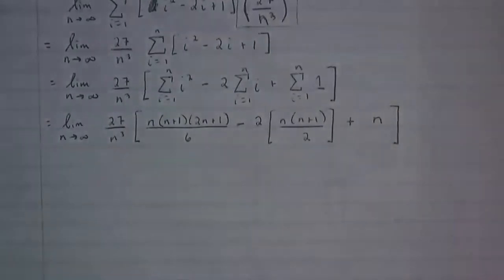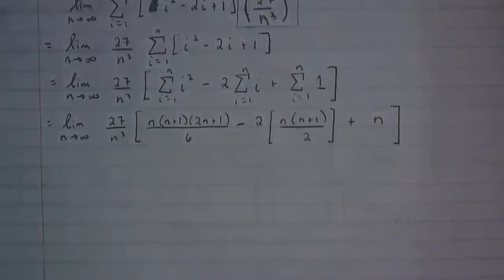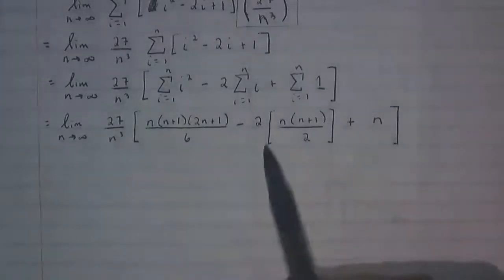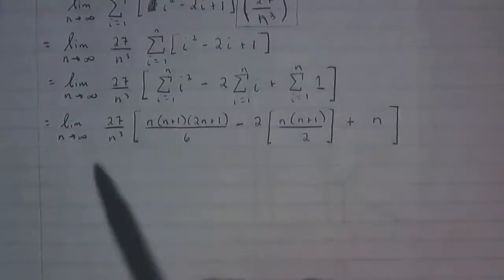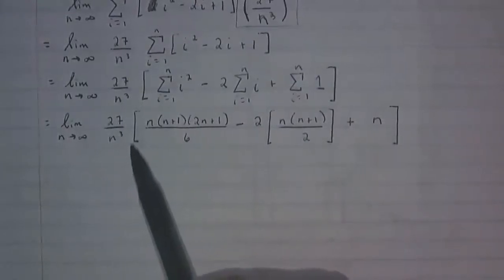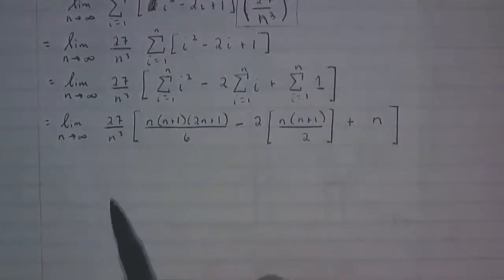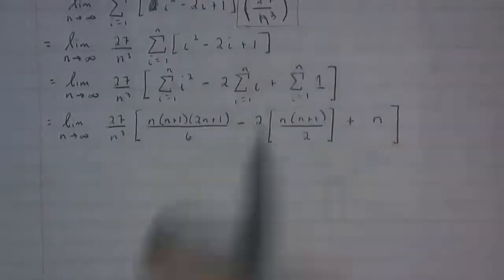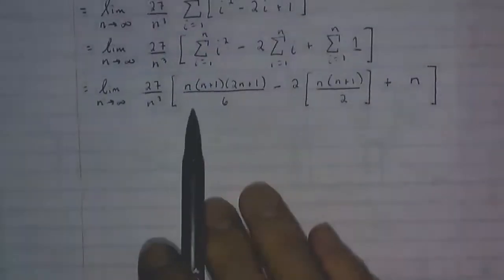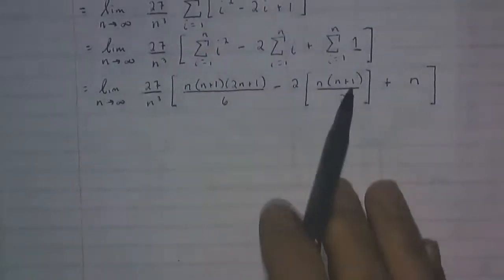Cool. And now we are at the step where we're going to basically just simplify this as much as possible. Hopefully there's some stuff left after we multiply through 27 over n cubed, and then hit it with the limit. We're still not quite ready to hit this with the limit because we've got n's in way too many places.